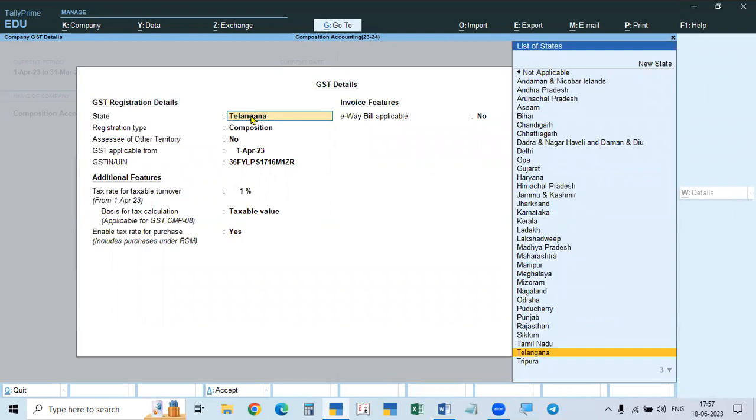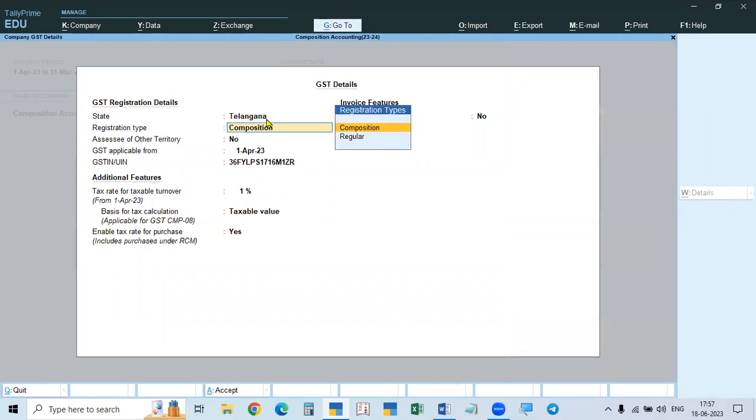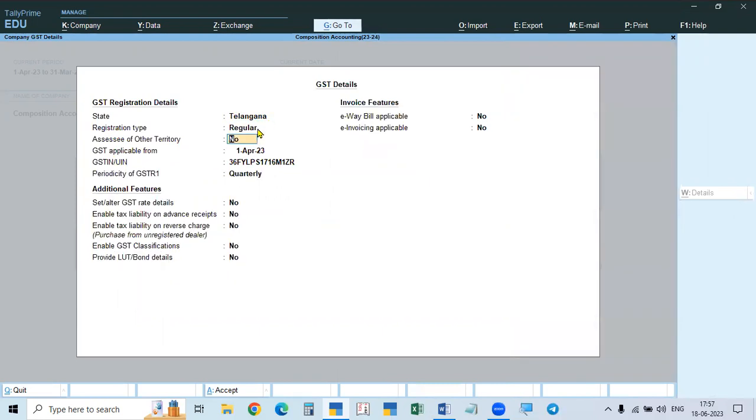Generally we take regular in all other cases, and by default it will be regular only. But here we have to take it as composition dealer. So we have to select composition.